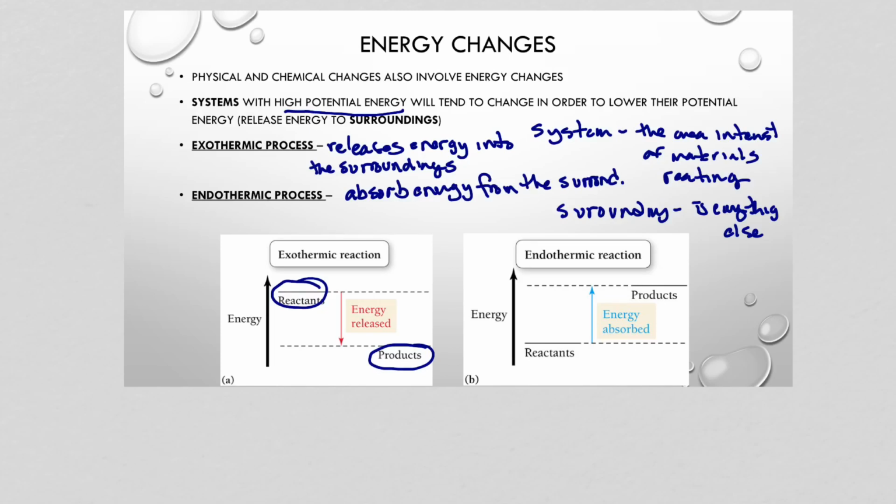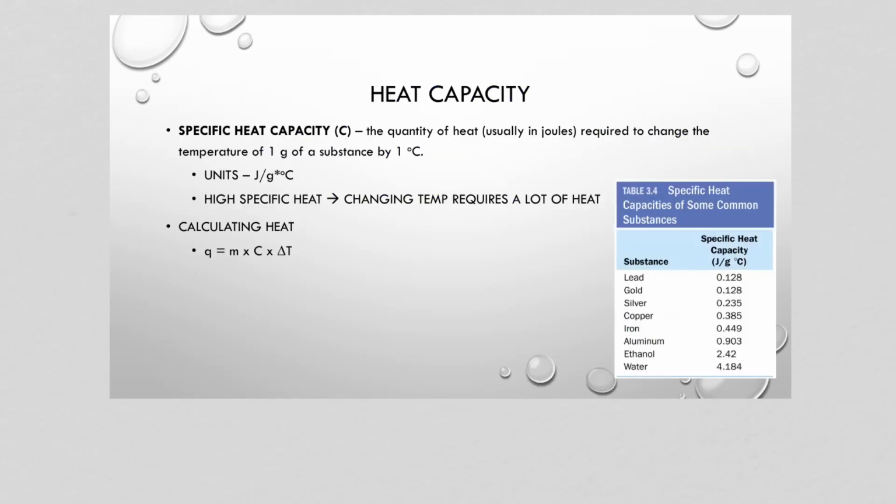In an endothermic process, right, we're going to start out here at a lower energy. Over the course of the change, we're going to absorb energy into the system from the surroundings, and so what we end up with at the end will be of higher energy or have more chemical potential energy than what we started out with. So, exothermic process, endothermic process.